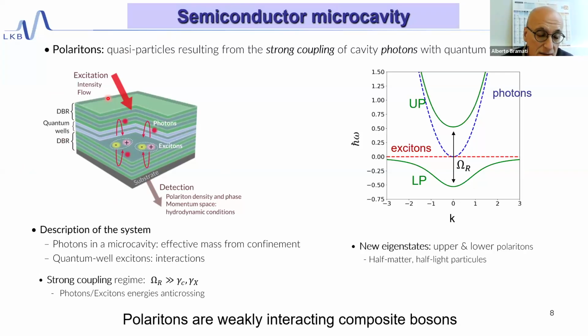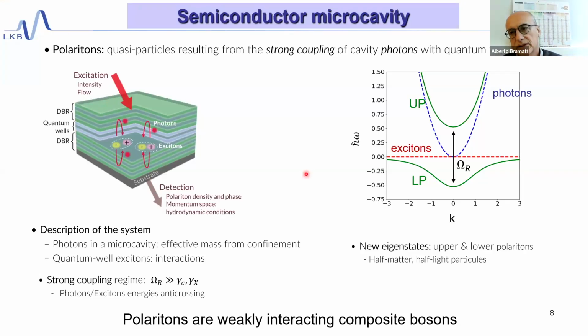In this strong coupling regime, two new particles appear, the so-called microcavity polaritons, that are linear combinations of exciton and photon. So polaritons are half light, half matter quasi-particles that are composed of an excitonic part and a photonic part.